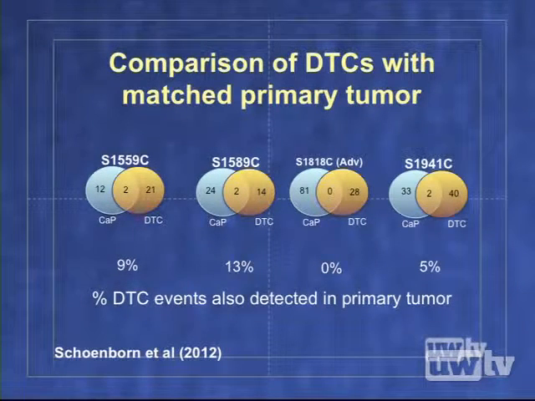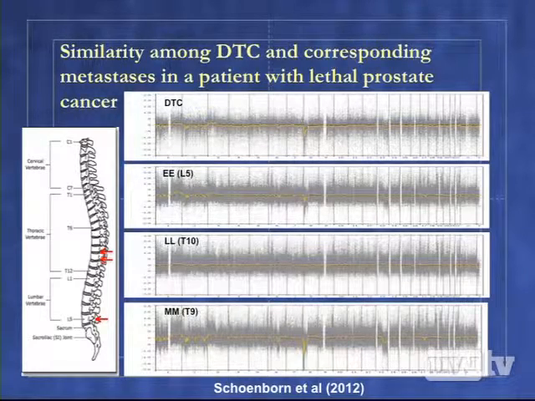As mentioned earlier, when you compare the DTCs with matched primary tumor, there's actually very little commonality. The highest percentage of overlap is in the teens, whereas the similarity between DTCs and metastatic tumors is very much similar.